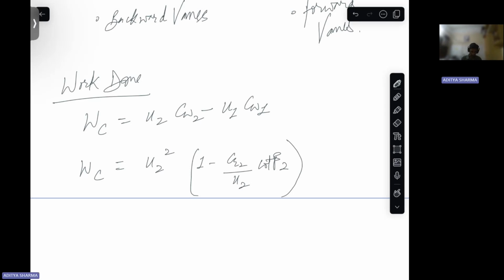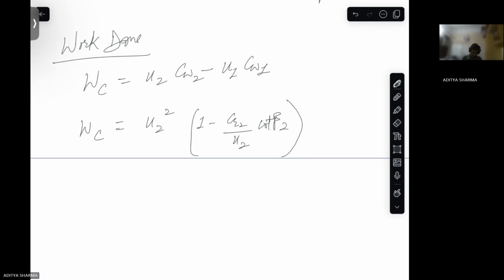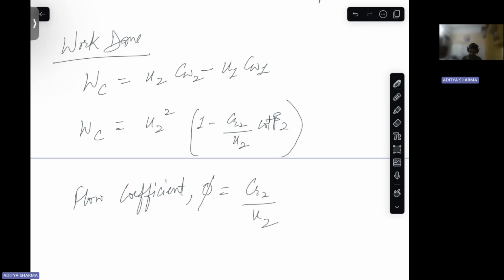Okay. Now here we define flow coefficient, that is phi, which is equal to CR2 by U2. This is your flow coefficient.